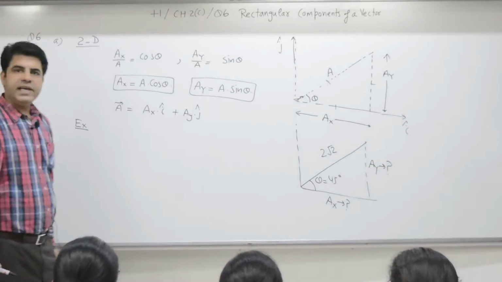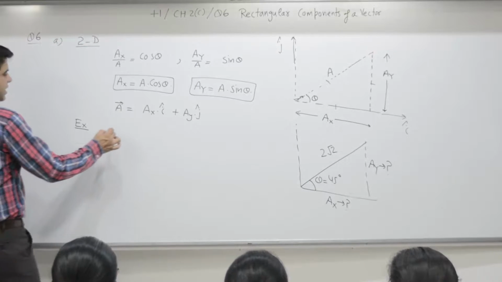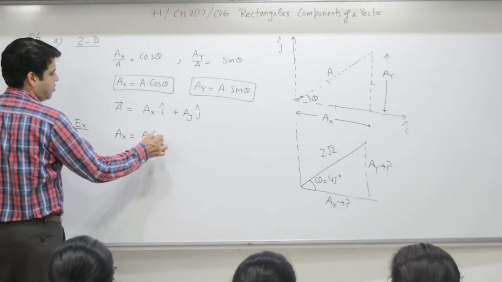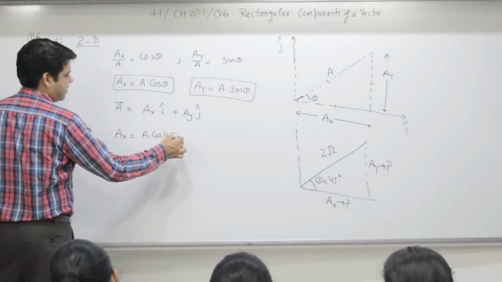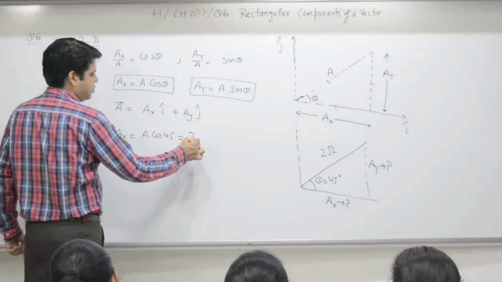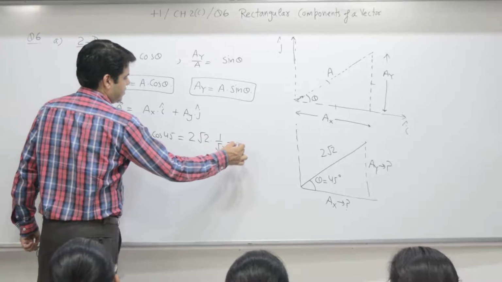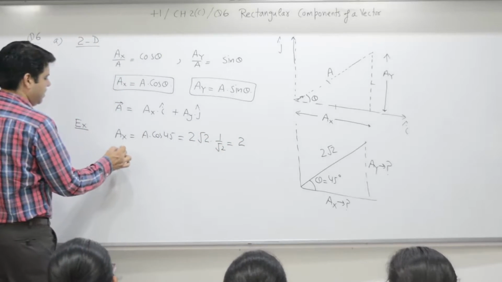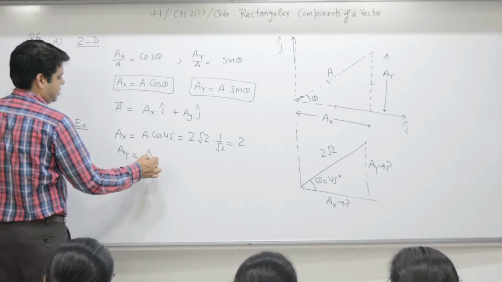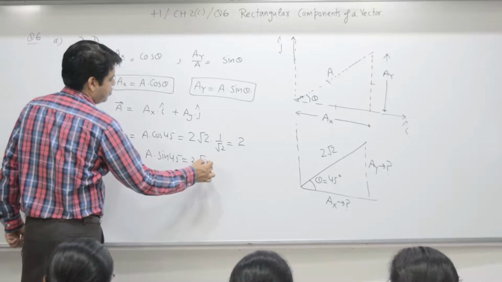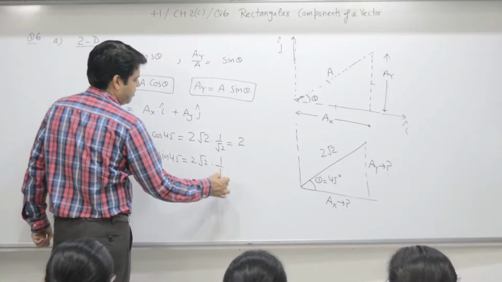Yes, how you find Ax? Ax is equal to A cos theta. A is how much? 2 root 2 into cos 45. So, what you get is 2. Ay is equal to A sin 45 is equal to 2 root 2, sin 45 is what?